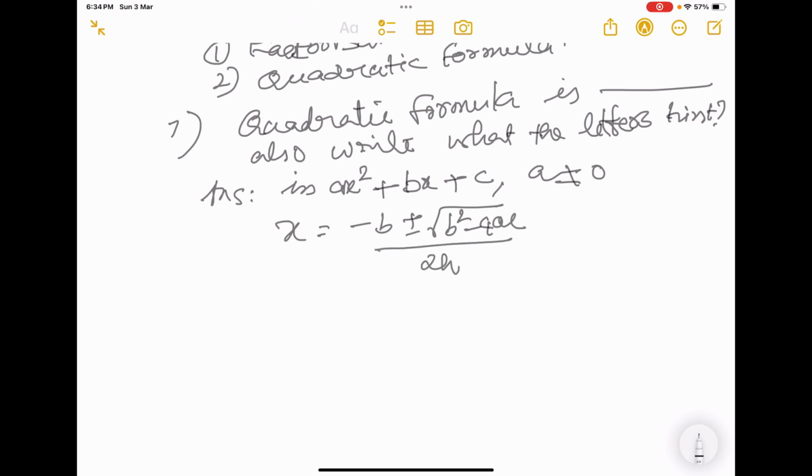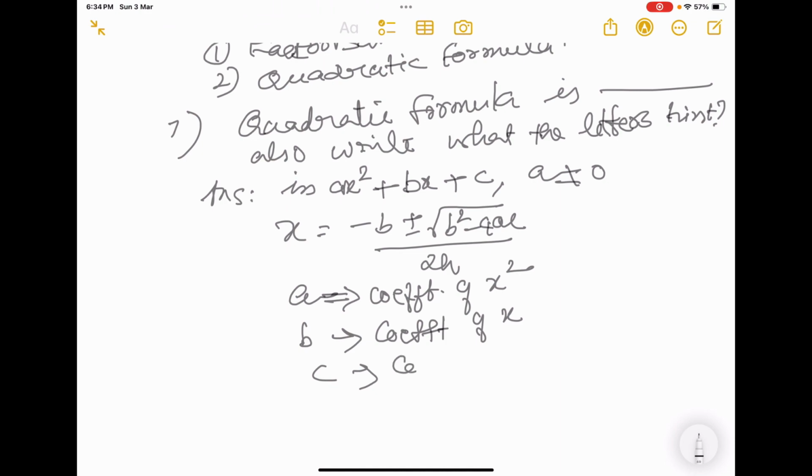This is the quadratic formula. Here a is the coefficient of x square, b is the coefficient of x, and c is the constant.